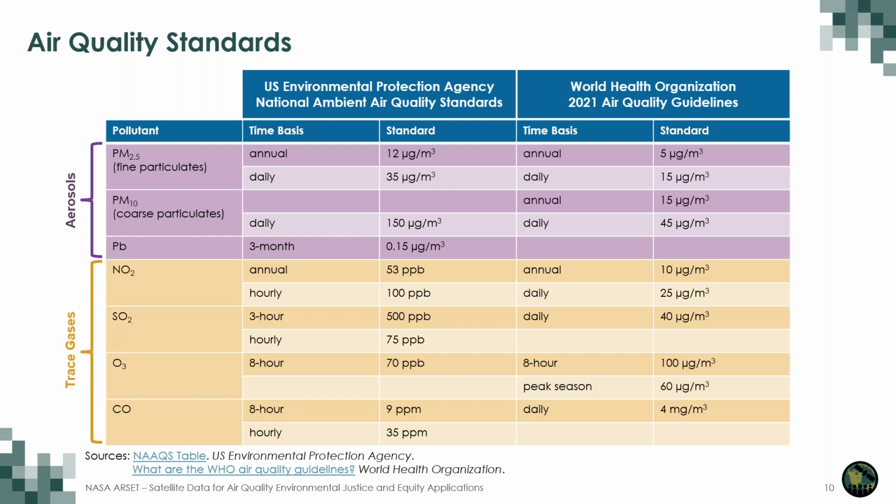As you can see in the table, although there are differences in terms of the concentration standards and the time basis of assessment for each pollutant metric, there is a general consensus that by tracking and monitoring these key air pollution metrics, we can get a handle on the air quality situation overall.